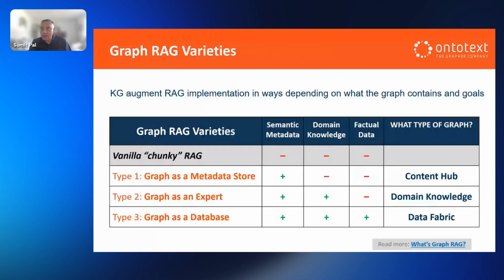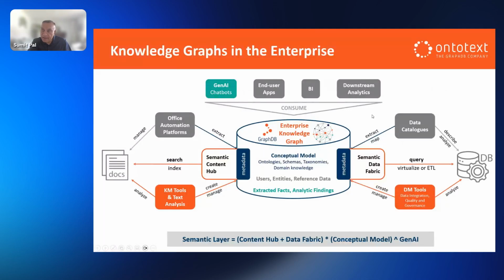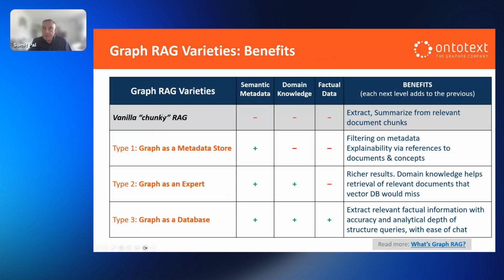And then the last part is the data fabric part, where you are querying the data, or you want to do graph RAG based on your data that is in your structured data across data lakes, data warehouses, relational data stores. Now, each of these RAG patterns has different benefits.